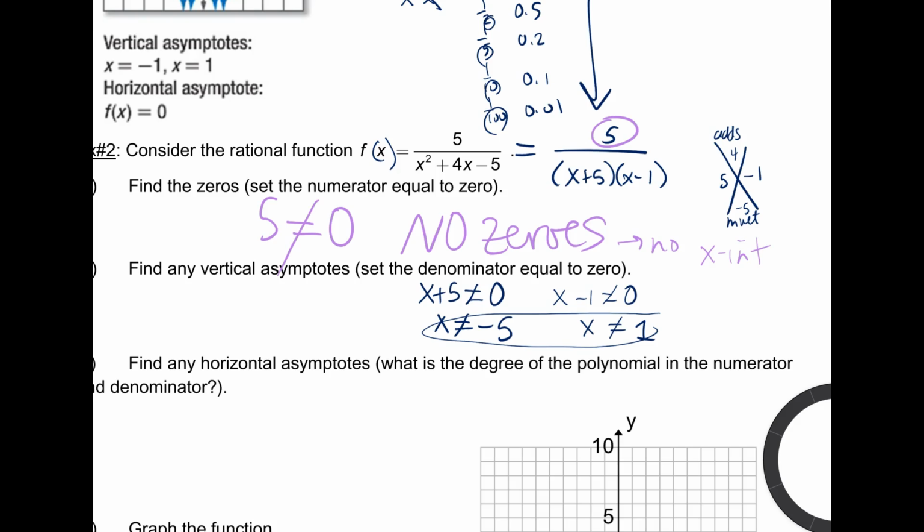What's my numerator here? 5. Okay, so I set 5 equal to 0. Is 5 equal to 0? No. So that tells me there are no zeros, no x-intercepts. My graph's line is not going to touch the x-axis. And I found my vertical asymptotes by setting the denominator equal to 0. It's what Jonah and I were doing earlier.